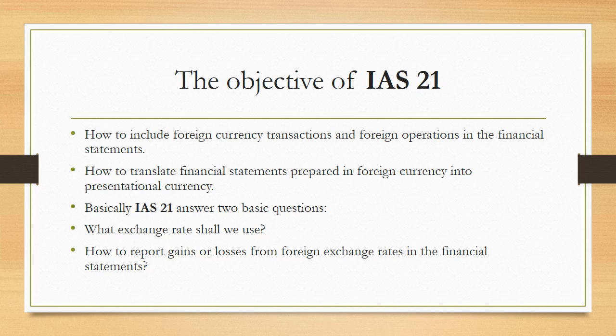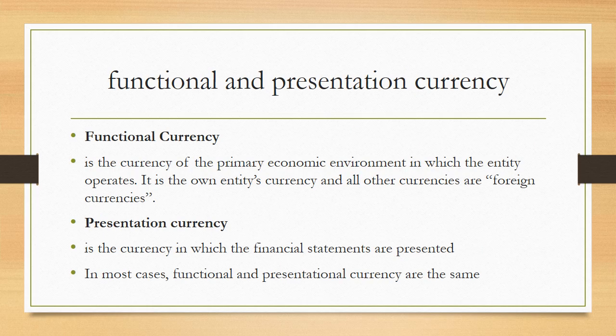Basically, International Accounting Standard number 21 answers two basic questions. One is, what exchange rate shall we use? But again, how to report gains or losses from foreign exchange rates in the financial statement.